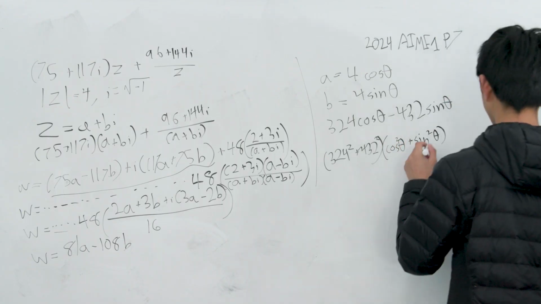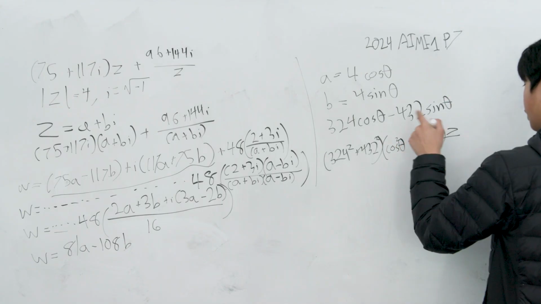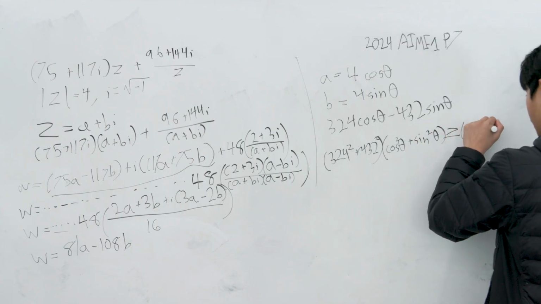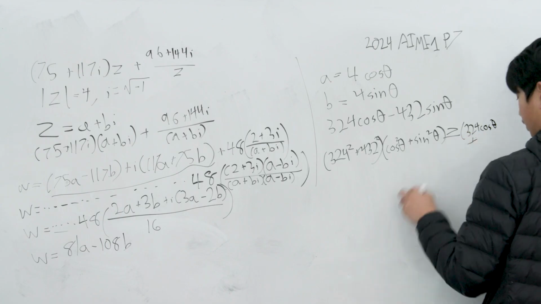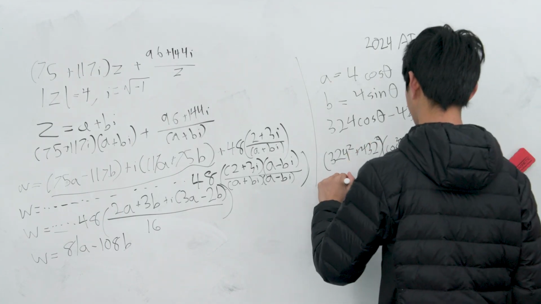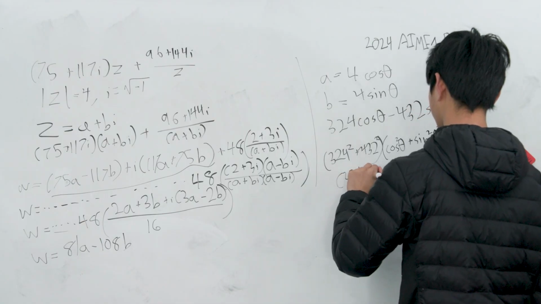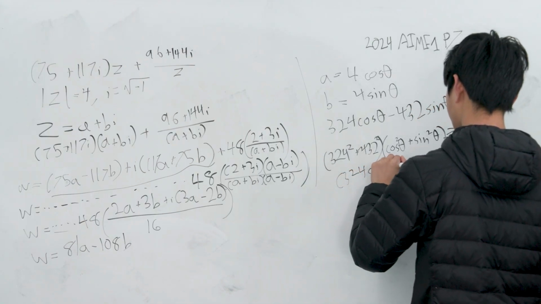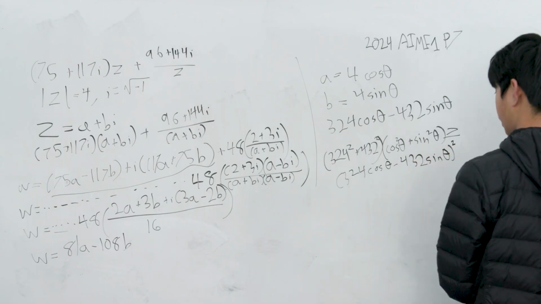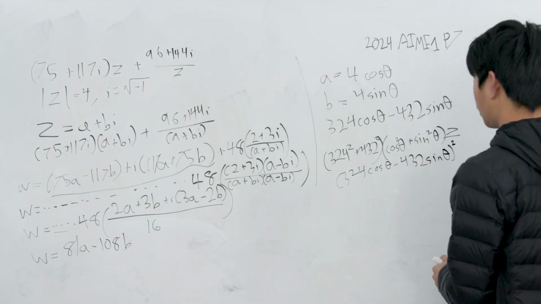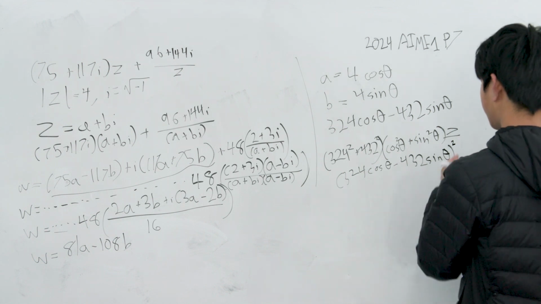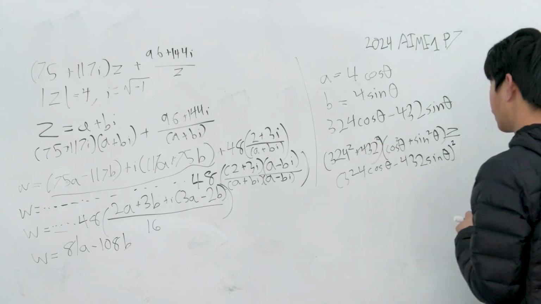This has to be greater than or equal to (324 cosine theta minus 432 sine theta) squared. I know this looks weird, but I don't have really space to write this, so this is greater than or equal to this.